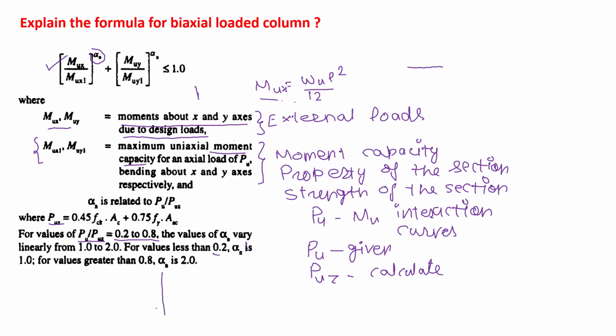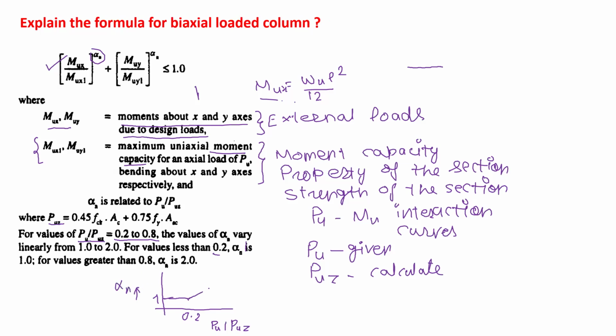I already explained this in the class. So we have this value constant, which is 1. On this axis we have PU upon PUZ, and on this we have alpha n.